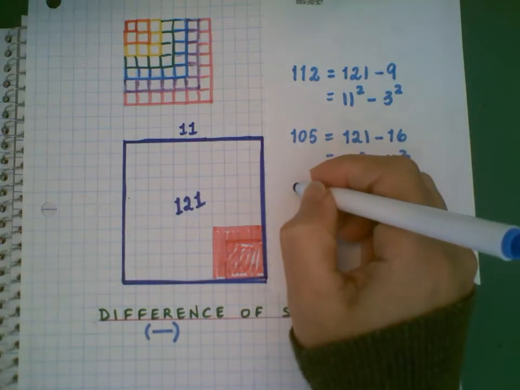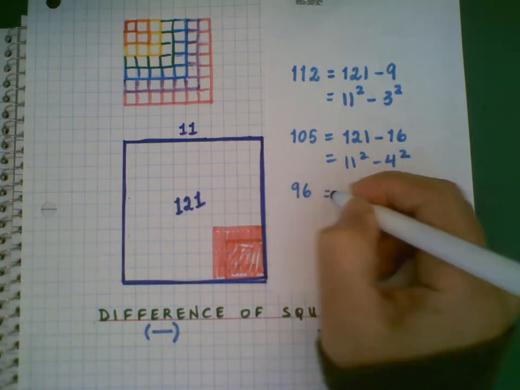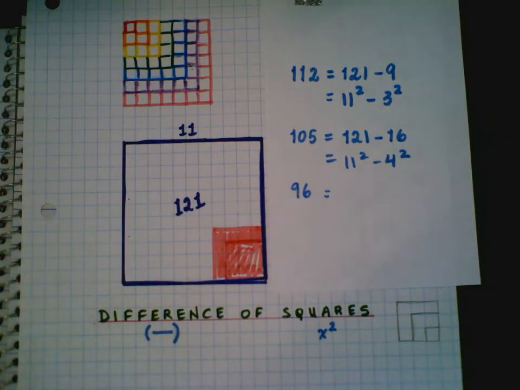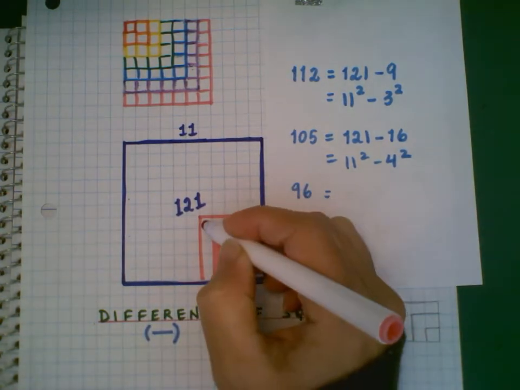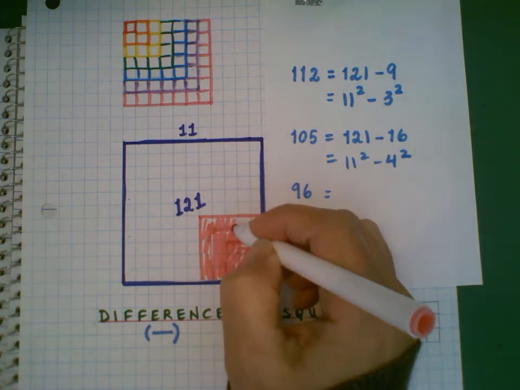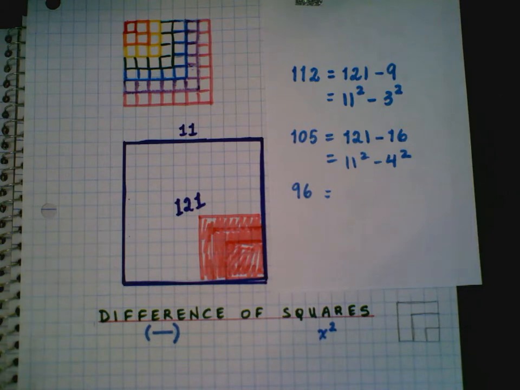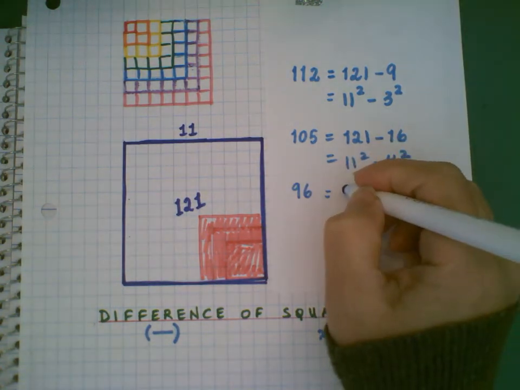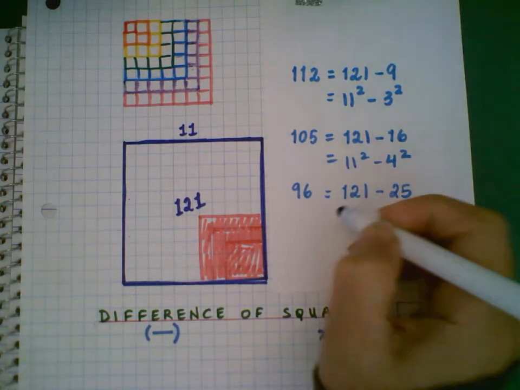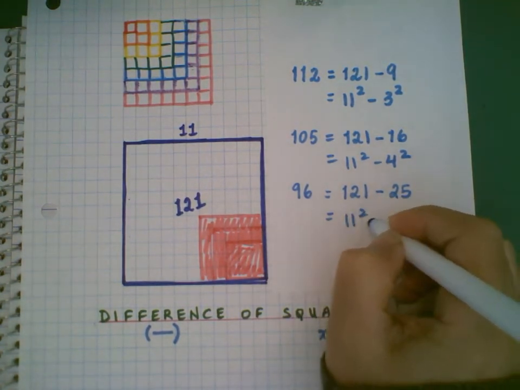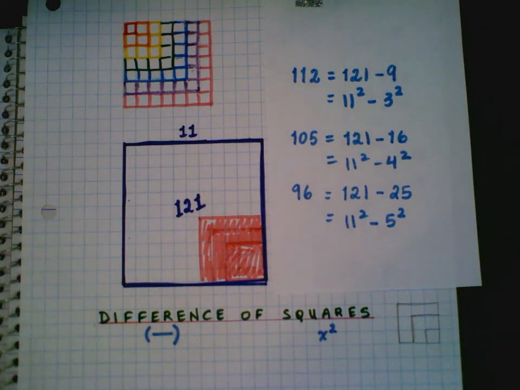And the third one I'm going to show you for this example is 96. And you guessed it, I'm going to go 5 by 5 this time. So what I'm removing from the larger 11 by 11 is a 5 by 5 square. So I'm taking 121 and removing 25. And the result is 96.